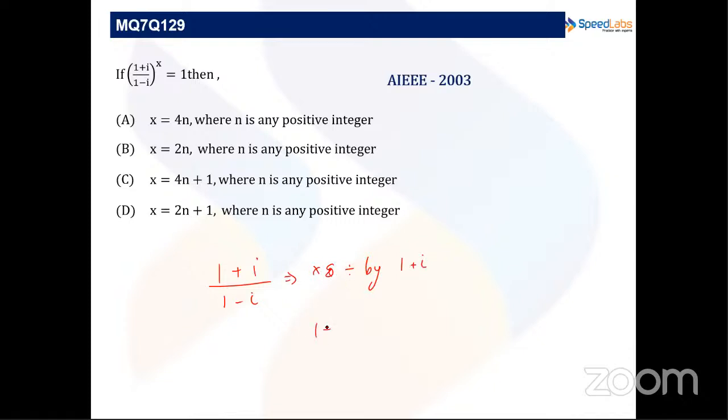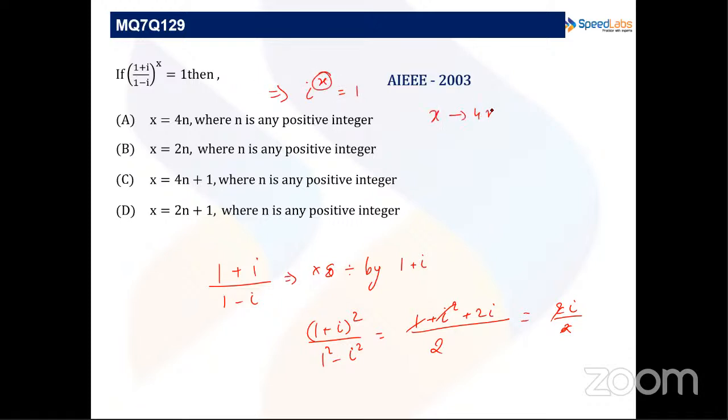So in the numerator we get (1 plus i) whole square upon 1 square minus i square. So 1 plus i square plus 2i upon 2. This will get cancelled out as i square is minus 1. So 2i by 2, we get i here. So i to the power x is 1. So from here we can see that x should be 4n. So our correct option is 4n.